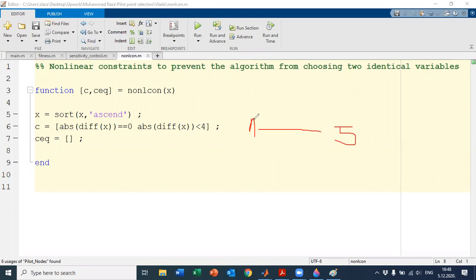We want our pilot nodes to be spread out across the whole grid, so we don't get a situation where our pilot nodes are, for example, 1, 2, 3, and 6, because this definitely won't have any effect on the grid. We can't control the voltages across the whole network simply by controlling the first 3 nodes of the network. This should be logical, and we don't have any equality constraints.